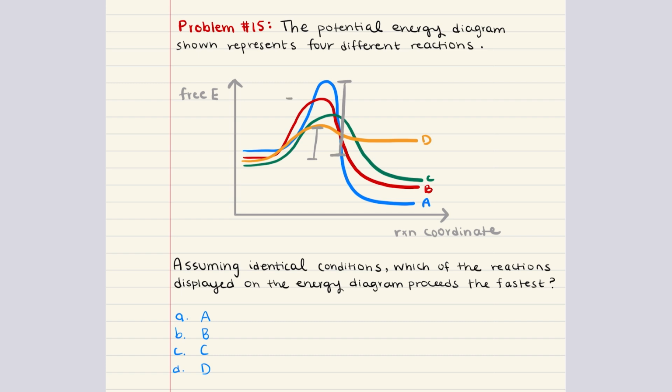That's going to be the red one. And here's where C is. And so just looking at these bars, it's really clear that for energy diagram D here, it has the lowest activation energy required. And so this reaction is going to proceed faster under identical conditions. And the correct answer for 15 is D.